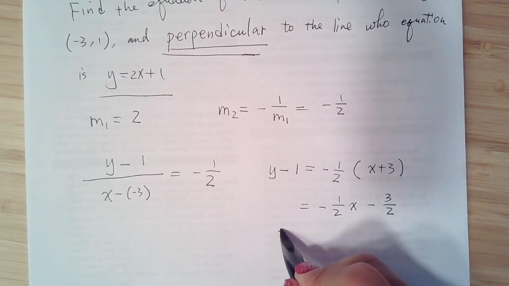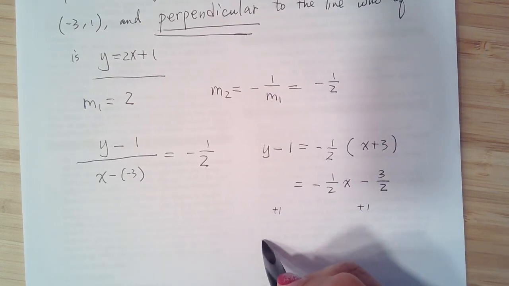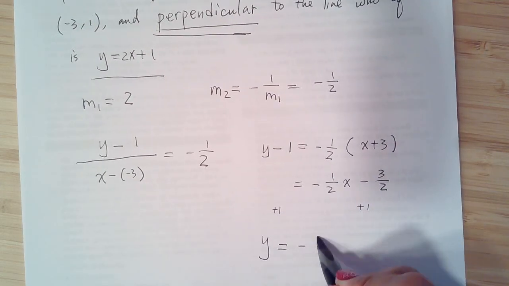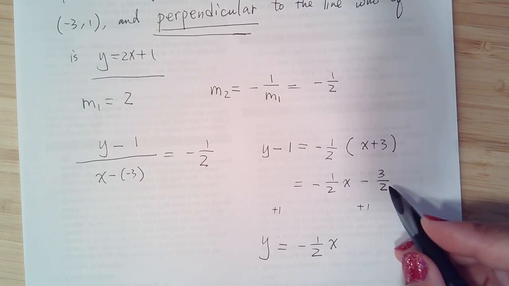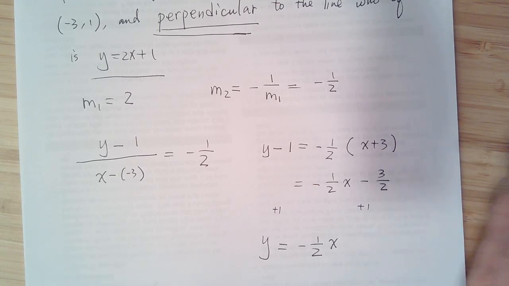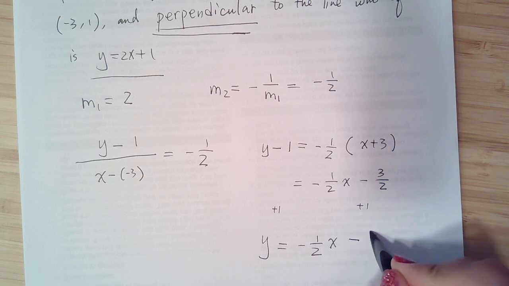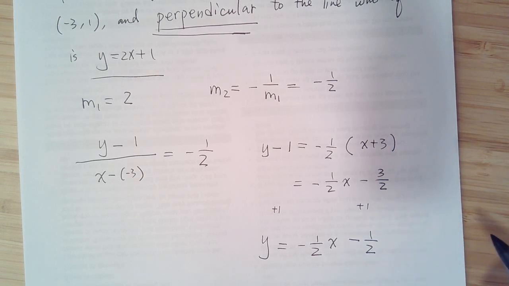Again, I just need to plus 1 on both sides, so I get y equals -1/2 x. What is -3 over 2? That's -1.5. -1.5, then plus 1, I get -1/2. So this is my answer.